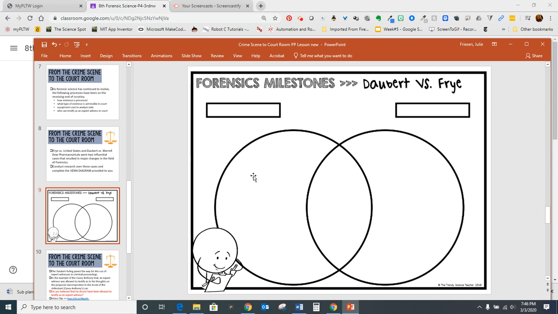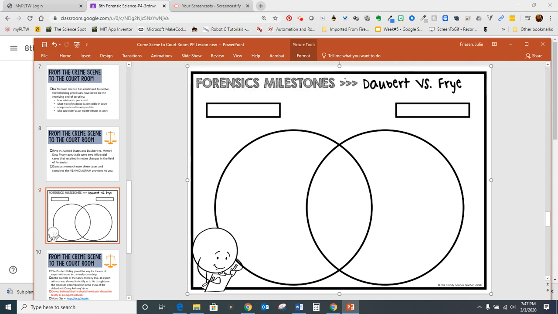The substitute is going to hand you this worksheet before you start your research. What you can type or write in here is each of the court cases. It's a Venn diagram, so you should know how to do a Venn diagram.